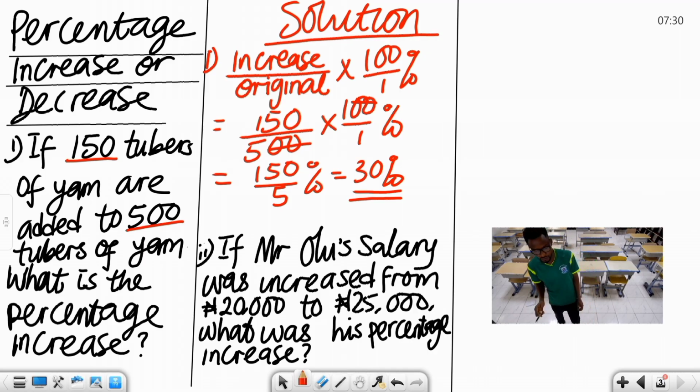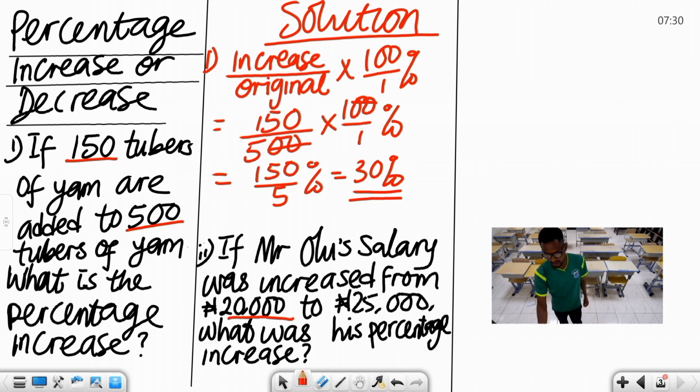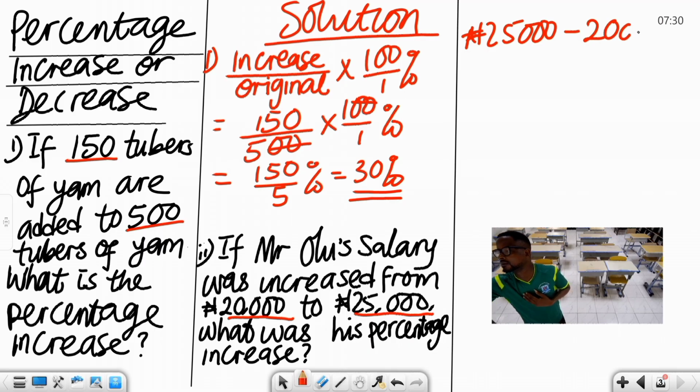But in the case of number 2, Mr. Olu's salary was increased from 20,000 naira, this is the original salary, then the salary increased to 25,000. So what is the actual increase? To get the increase, that is 25,000 naira minus 20,000 naira.